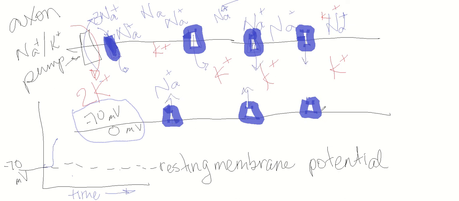They open in a chain, one after another, so that the increase in the charge inside the cell travels along. First this part increases, and then this part, and then this part, as we go along.